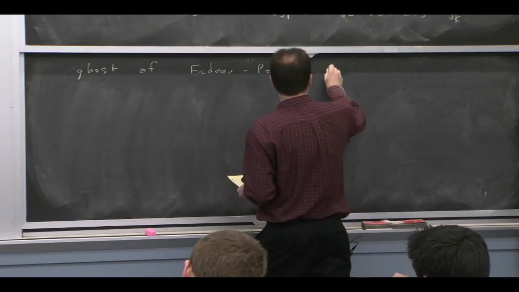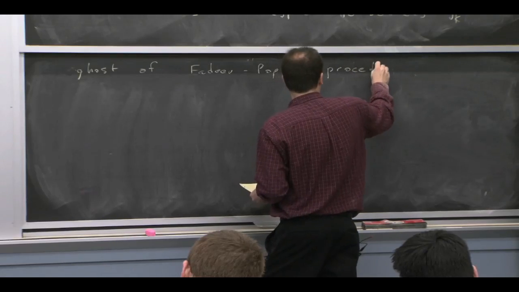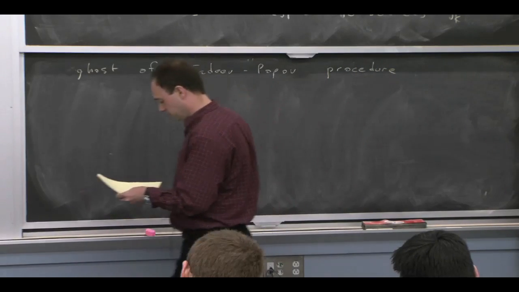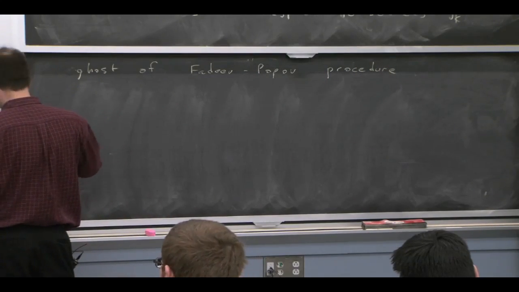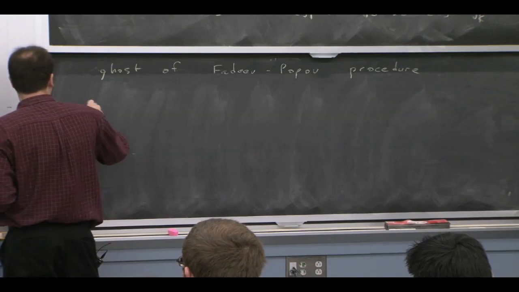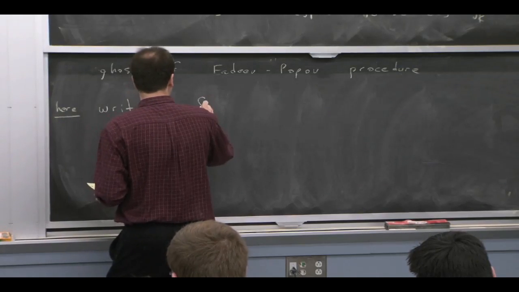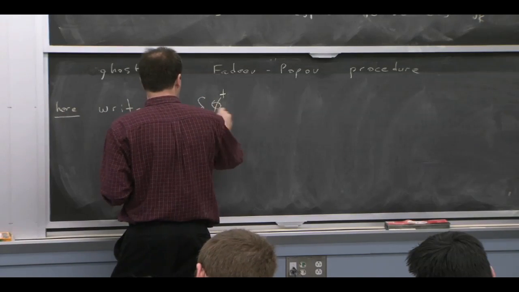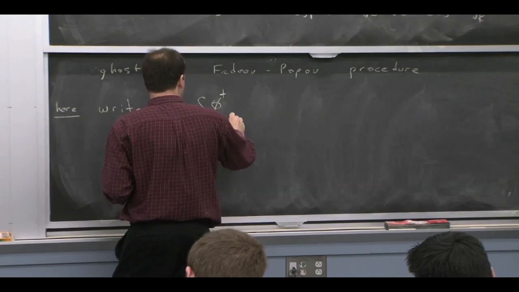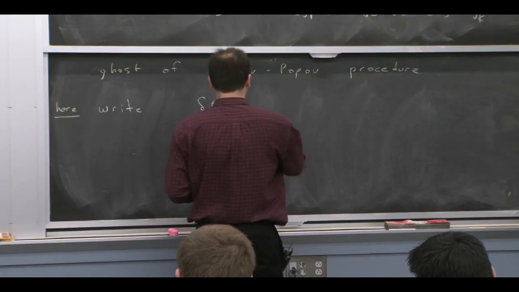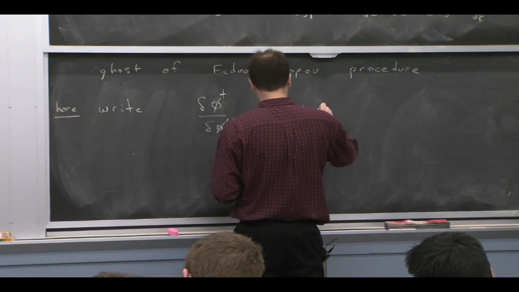And we're going to just use the same thing, although our ghosts aren't, we're talking about scalar field theory. So for us, we take this guy, which is the Jacobian. I'll take that derivative.